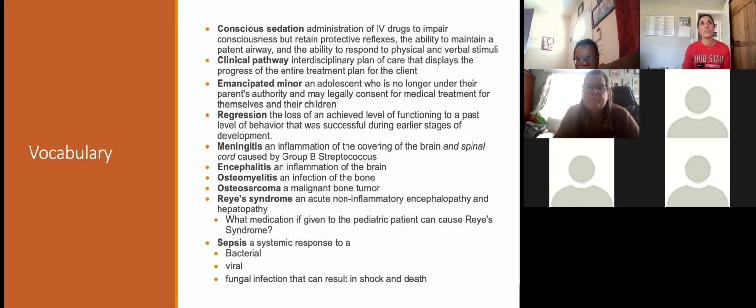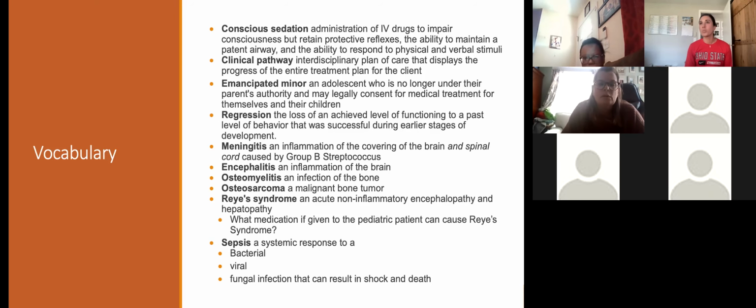So they can maintain their own airway, they can follow directions, and respond to verbal stimuli. We typically use conscious sedation if we are doing a short procedure outside of the operating room. That's where you're going to see it most often.